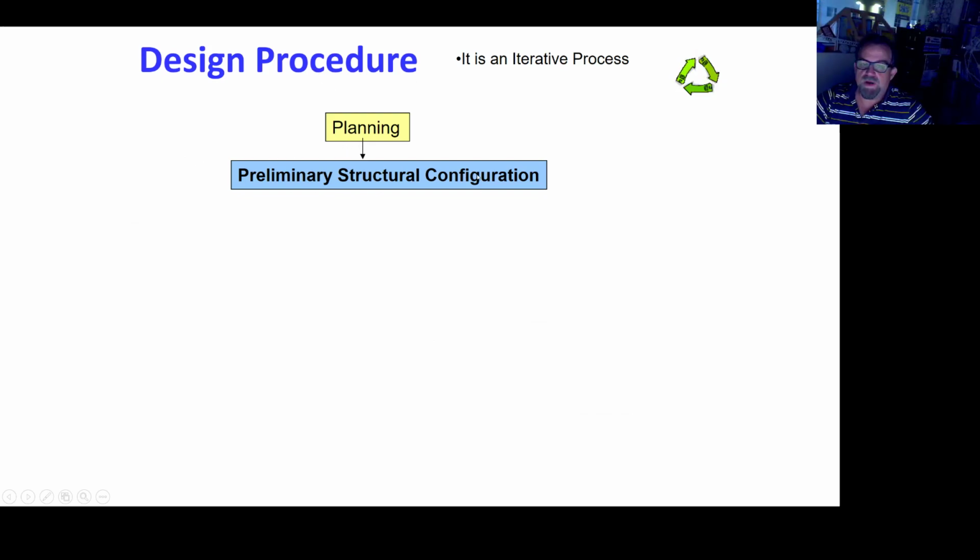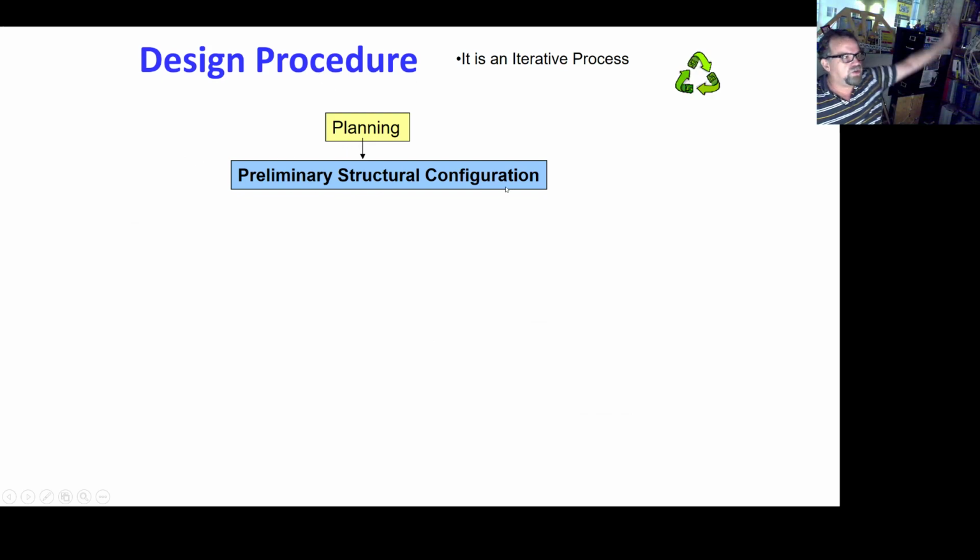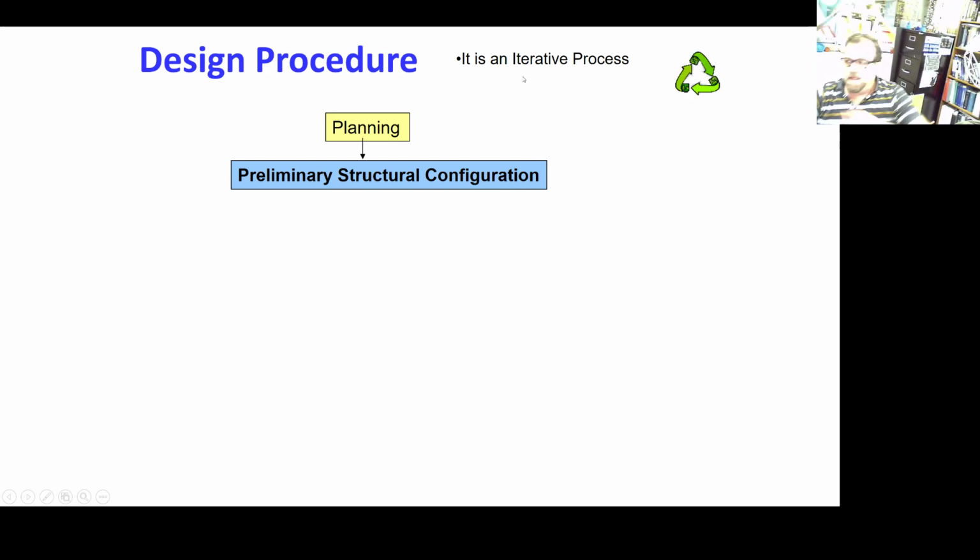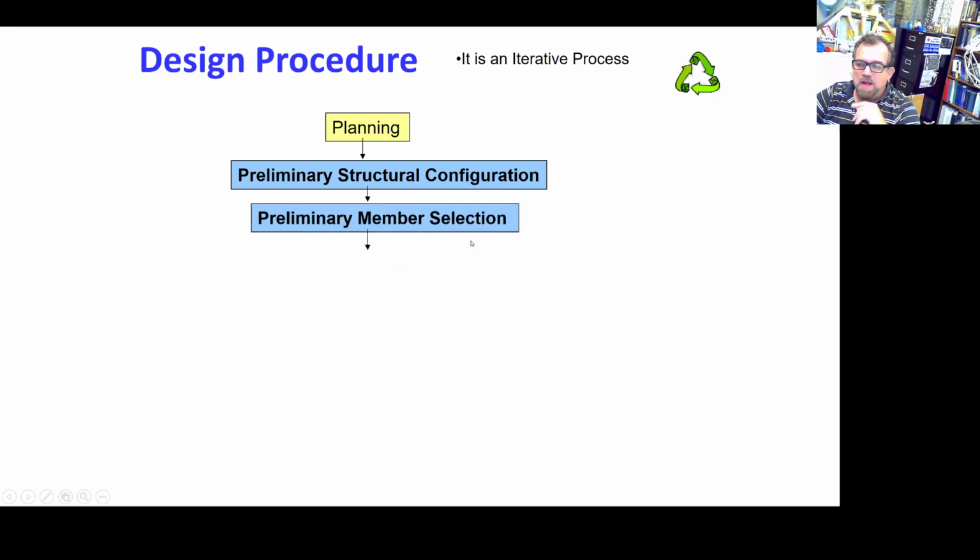So once you have the preliminary structural configuration, usually when you go to these types of situations and you ask the students, they mention here loads, determining of the loads. But how are you going to determine the loads if you don't have any pre-dimensioning?